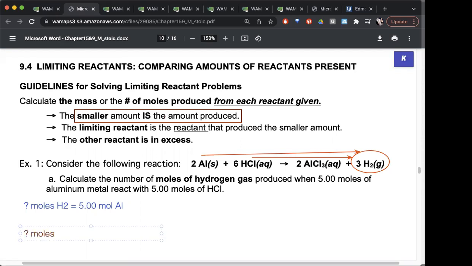So how many moles of H2 could we produce if we started with 5.00 moles of HCl and all of it was used up? So we're going to do these 2 parallel calculations using that mole-mole relationship from the chemical equation.